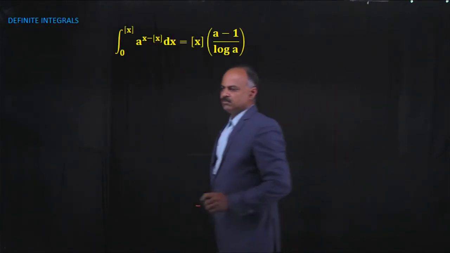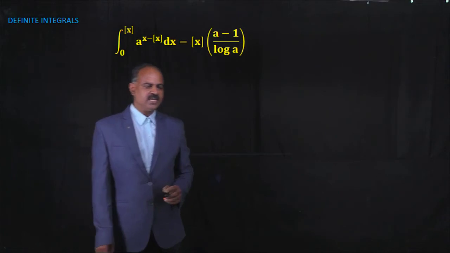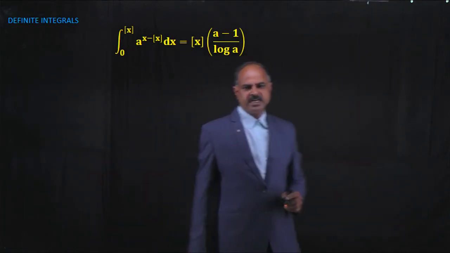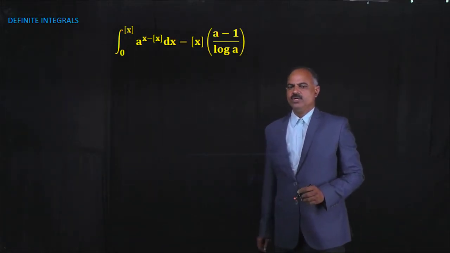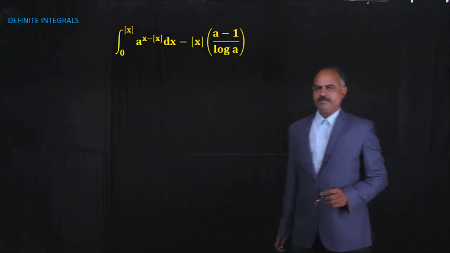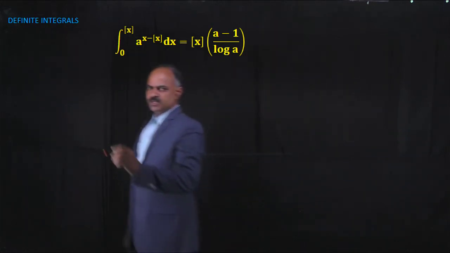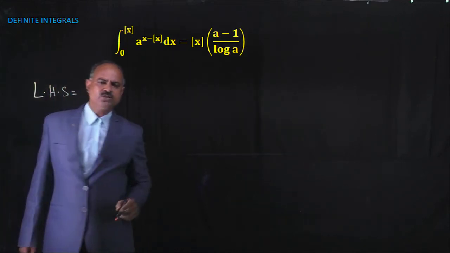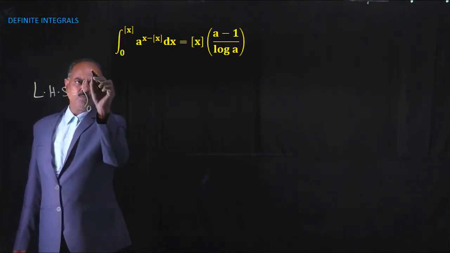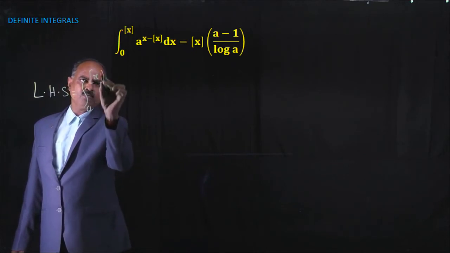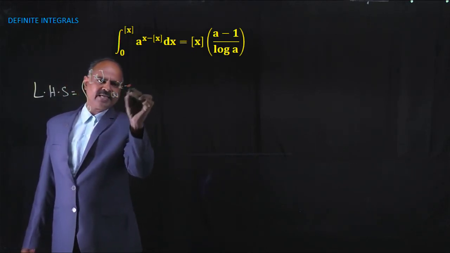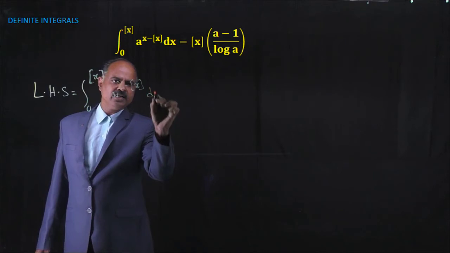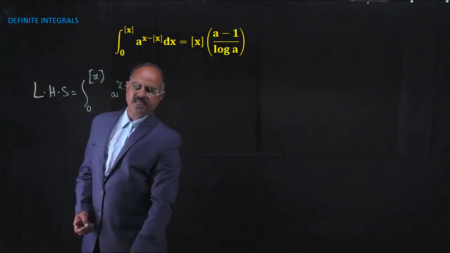Next problem: integral 0 to floor x of a power x minus floor x dx equals floor x into a minus 1 by log a. So take the LHS, that is equal to integral 0 to floor x of a to the power x minus floor x dx.